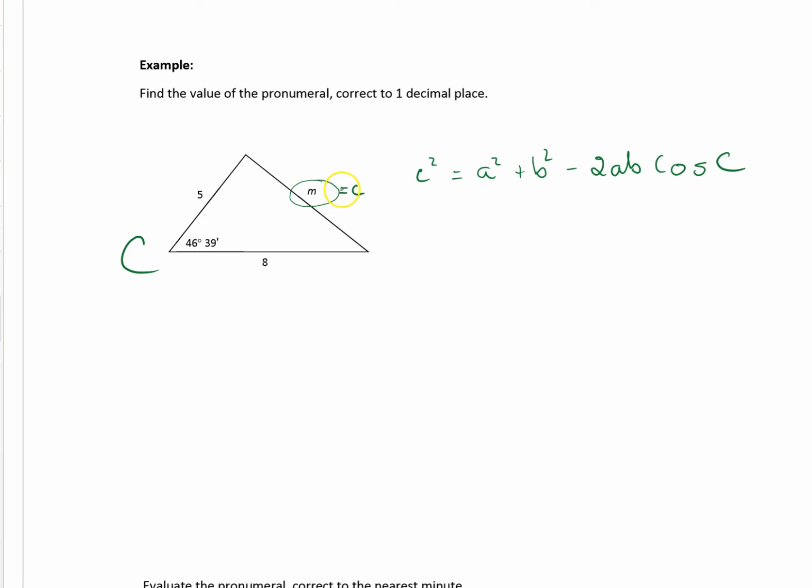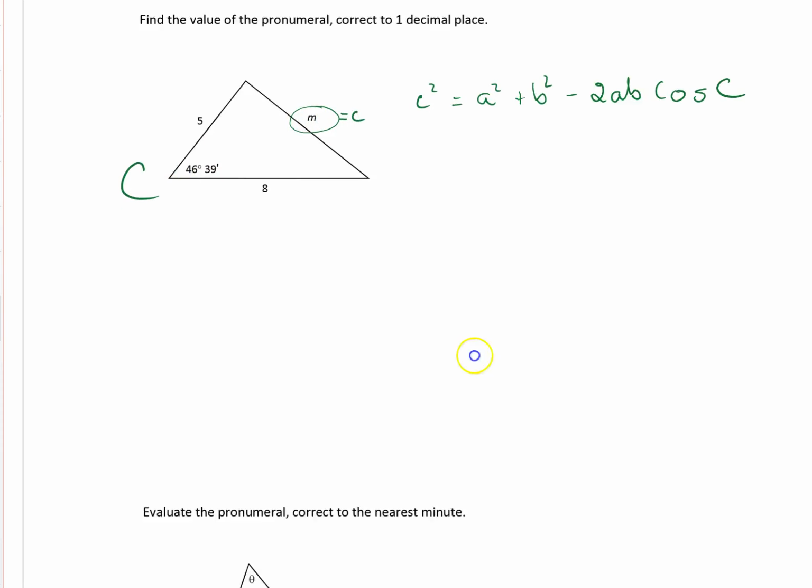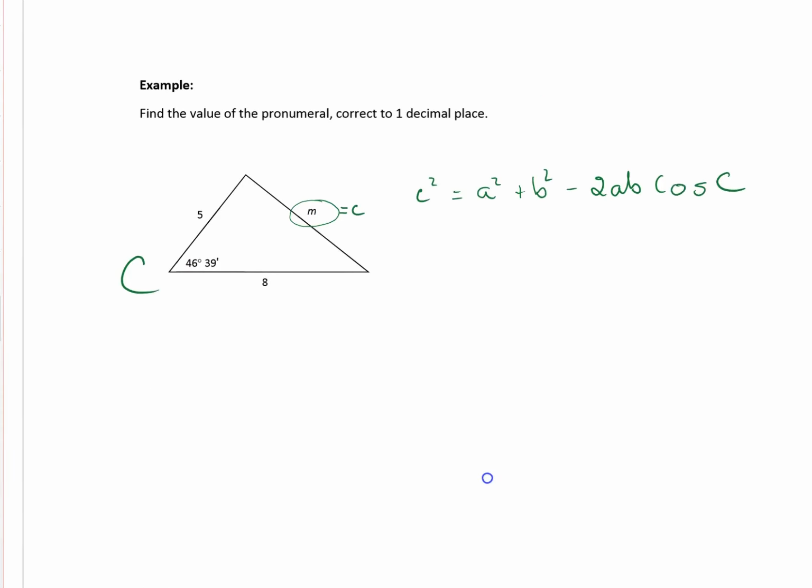Hopefully that will automatically enable you to have the angle it's opposite as angle C, and then the position of the other two sides. It doesn't really matter. This is really, I guess, even more important when we're finding an angle, and we'll see that in the next example.